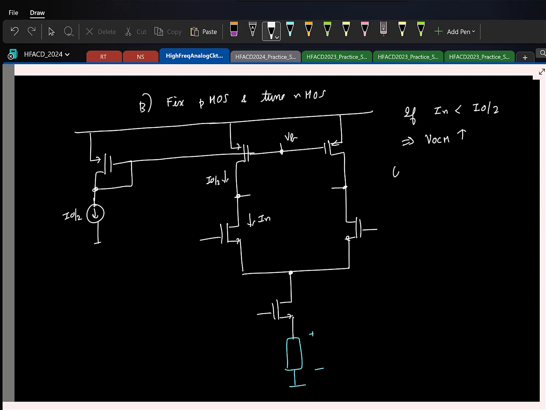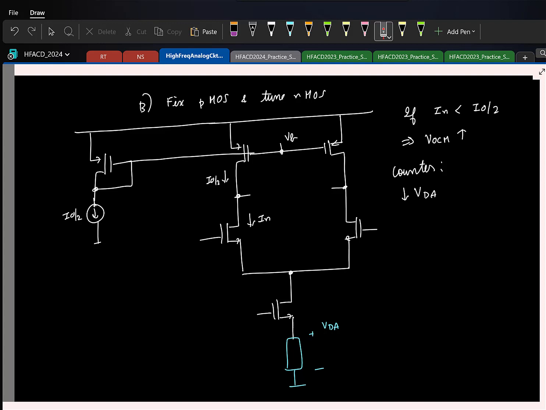So to counter this, what should I do? I mean, to counter this, what should I do to the current IN? I have to increase it, correct? Yeah. If I had to increase the current, what should I do to this voltage? So if I call it, let us say, VDA, I have to decrease VDA, right?